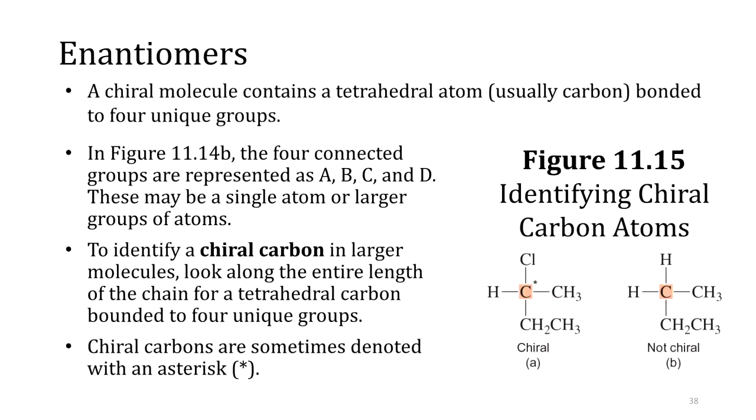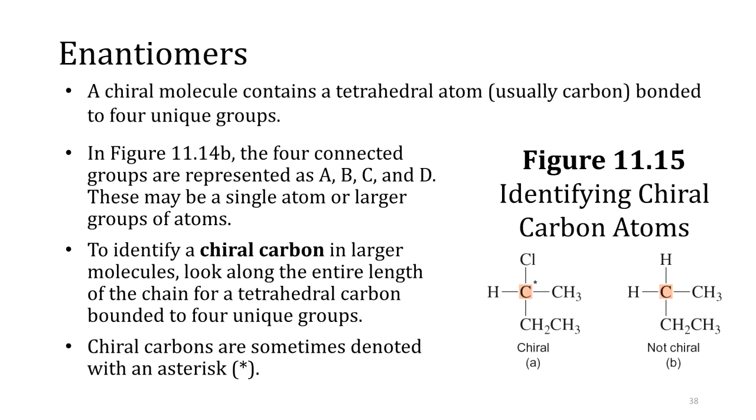Okay. So a chiral molecule contains a tetrahedral atom, and generally it's carbon, and that's what we're going to be concerned with in this class. That is carbon that's bonded to 4 different groups. In our last slide, of course, we had carbon connected to A, B, C, and D, and so they can be connected in a mirror image fashion.